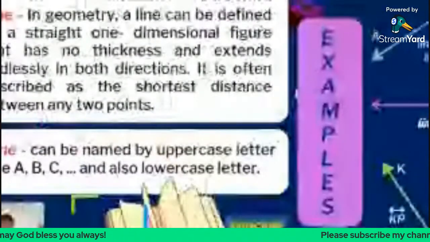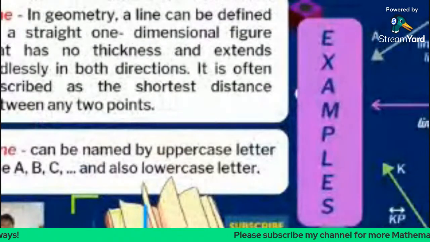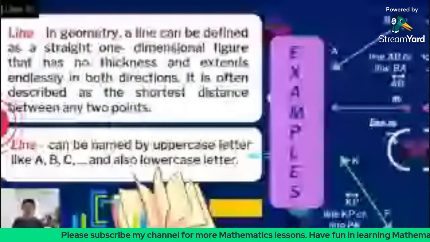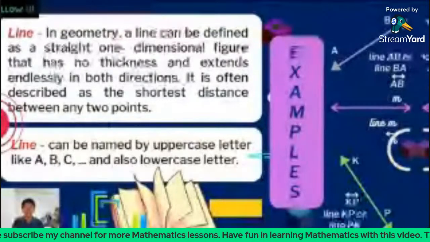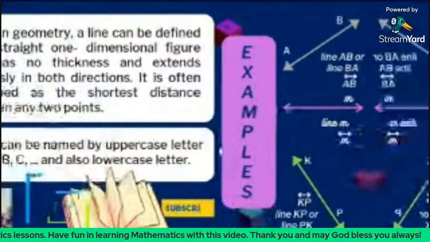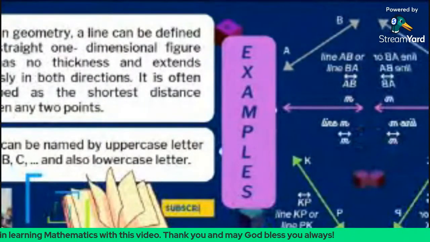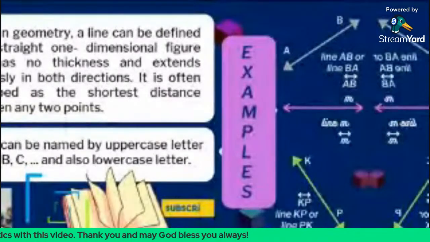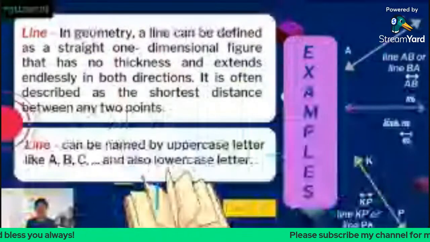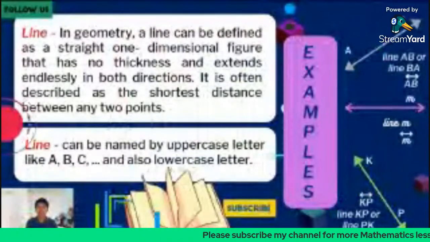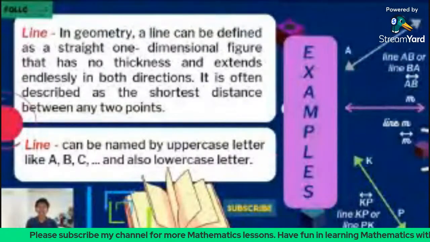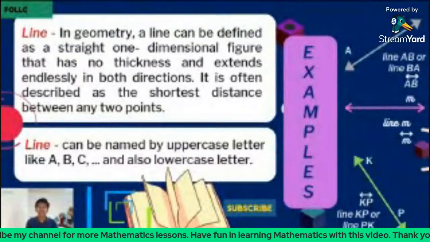These two lines have an equal distance from this direction and to this direction. So it means that when this arrowhead and also this arrowhead extend to the left, and also with these arrowheads to the right, still the distance of the two lines is equal, and these two lines will never meet no matter how far it is extended.